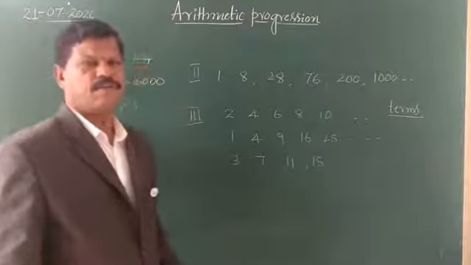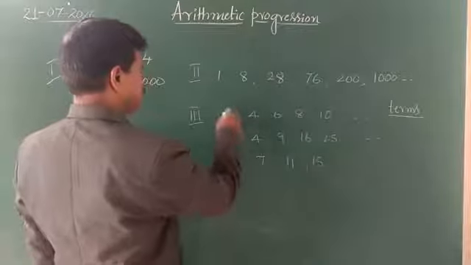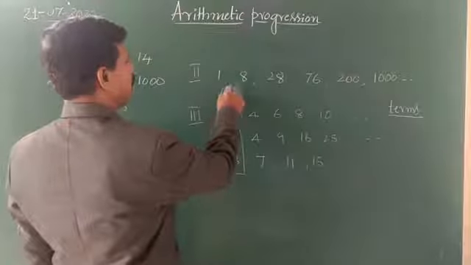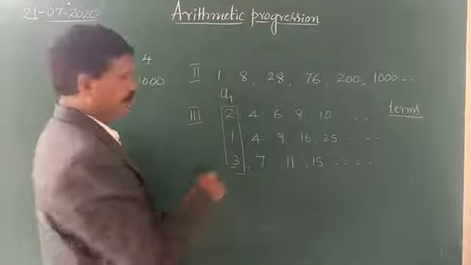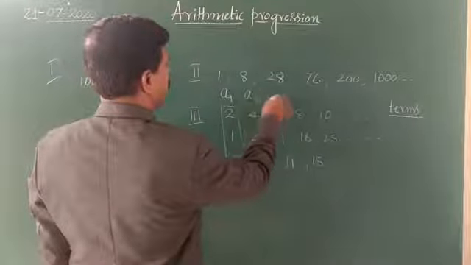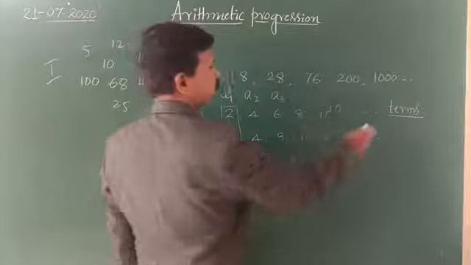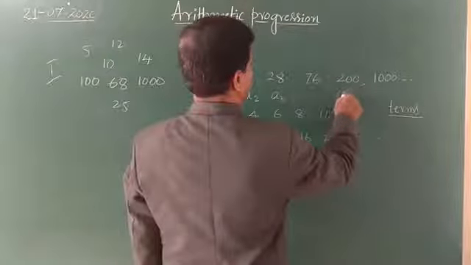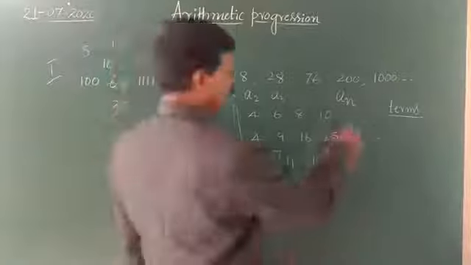The first term is denoted by A1. The second term is denoted by A2, then A3, etc. We don't know the last term, so it is denoted by An. This is called the nth term.